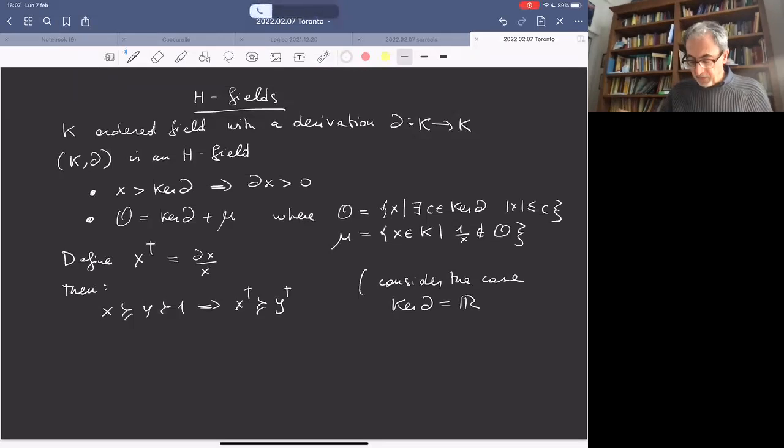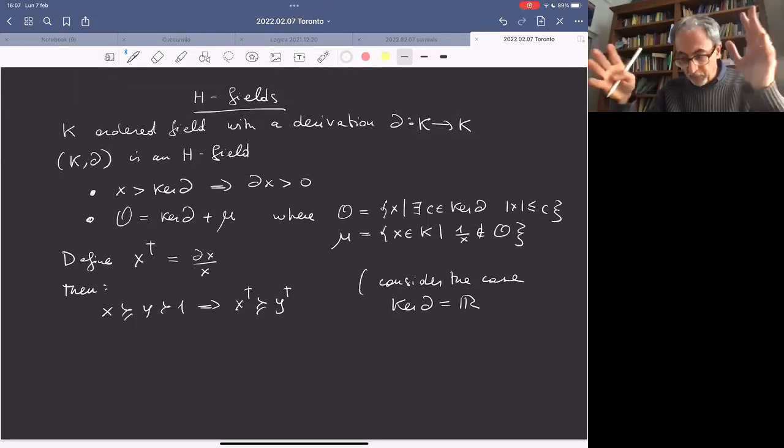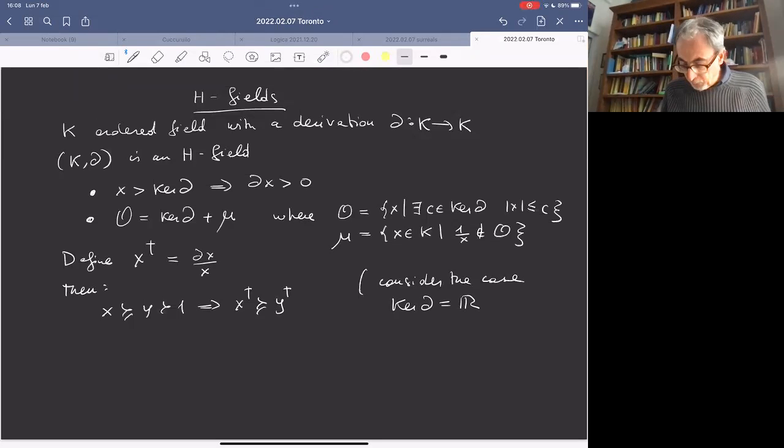So K contains the reals and the kernel is given by the reals. Otherwise, I need to redefine the domination relation, because the domination relation has been defined considering the standard valuation. Otherwise, I should consider the valuation induced by this valuation ring big O. And by the way, if the kernel is given by the reals, point 2 is redundant. It's automatically satisfied.